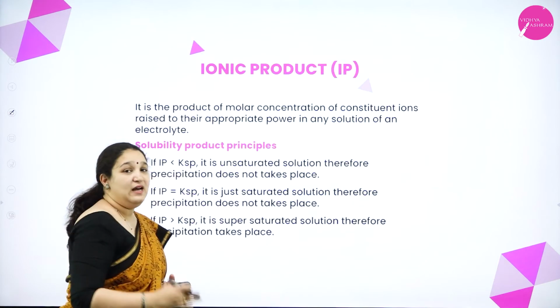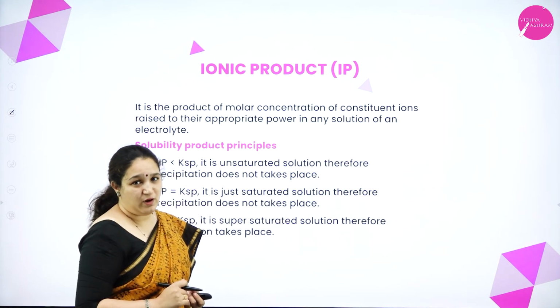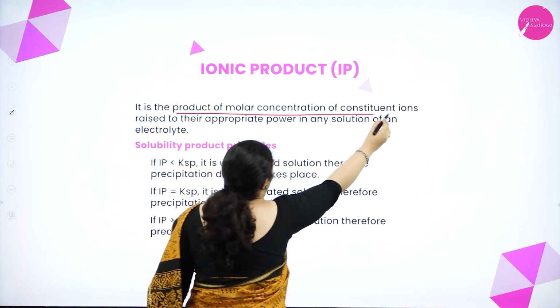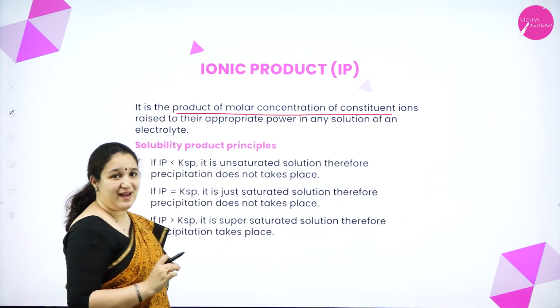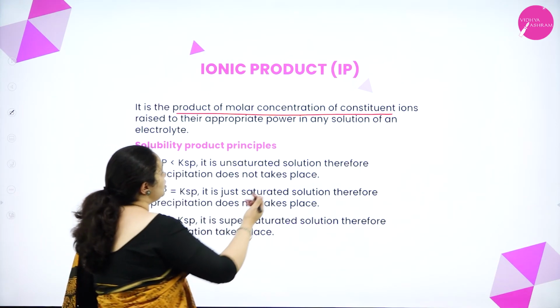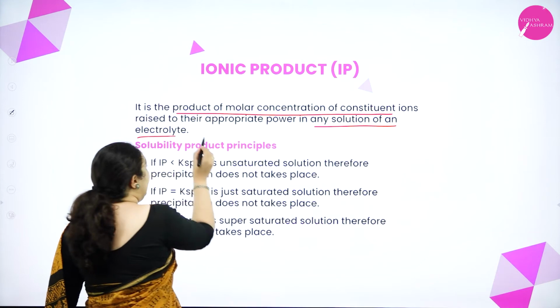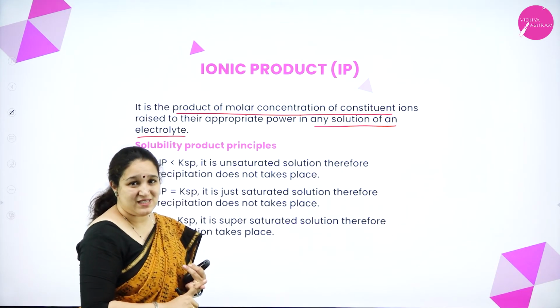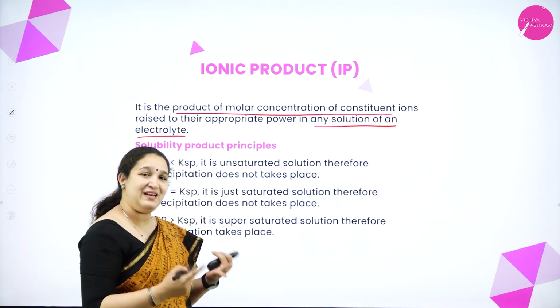Okay. Next is about ionic product. What is ionic product? It is a product of molar concentration of the constituent ions raised to their appropriate powers in any solution of an electrolyte. It need not be a saturated solution or a system at equilibrium. It can be any solution.